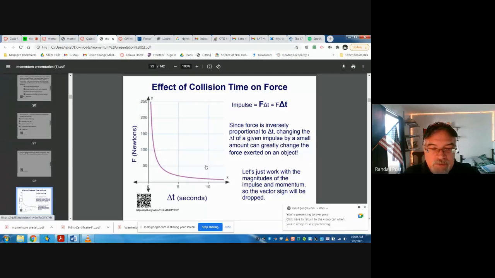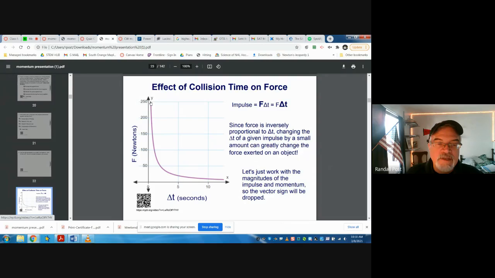So this graph, what you're looking at here, is all the different possibilities for a certain amount of impulse. We have a choice: a large force and a small time, right? That would put us in this region right here. Notice how we have a small time interval, but look at how big the force is. We could have somewhere in between.